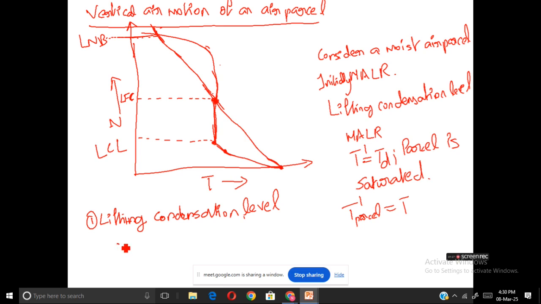At this level, T dash, the temperature of the air parcel, is still less than the temperature of the atmosphere, but the parcel is saturated.